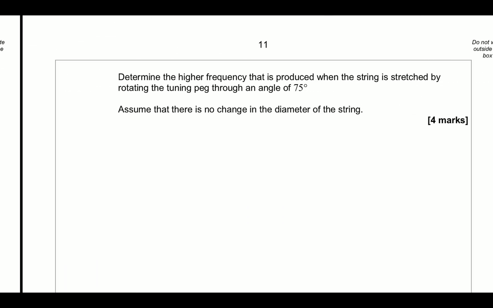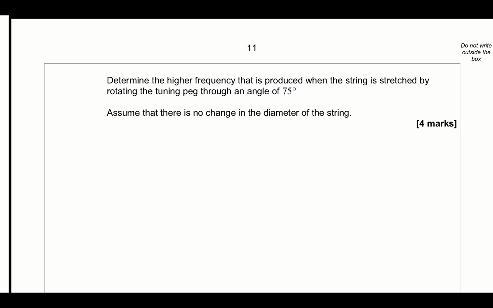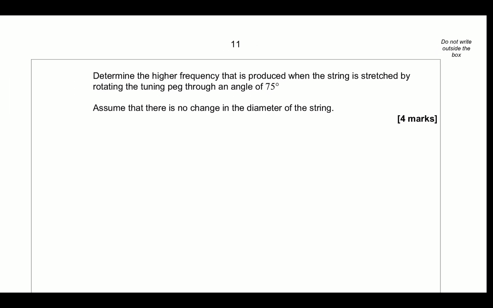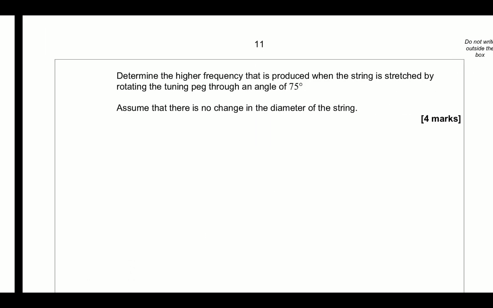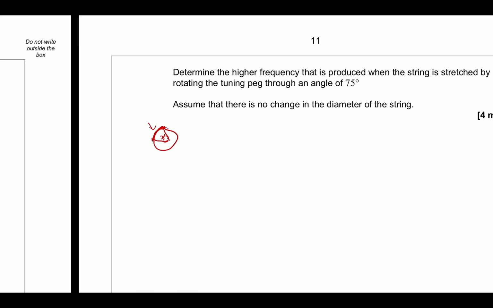So the extra extension, what we have to do is look at it like this. So it's extending, so we're moving it through this. That's 75 degrees. So you have to do that, convert it to radians, and then multiply it by the radius.